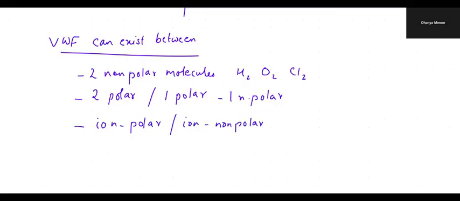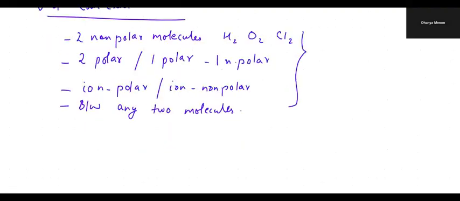They can also exist between any two molecules. So van der Waals forces can exist between two non-polar molecules, two polar. It can be one polar, one non-polar molecule. It can be between ion and polar or ion and non-polar, between any two molecules also.